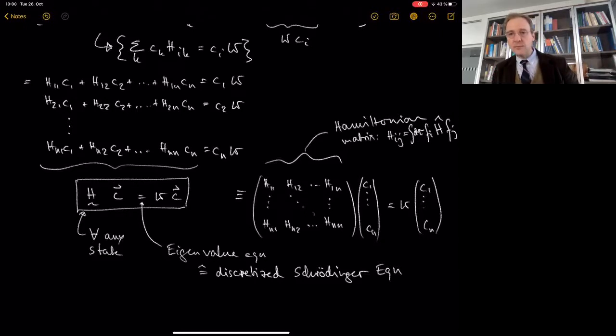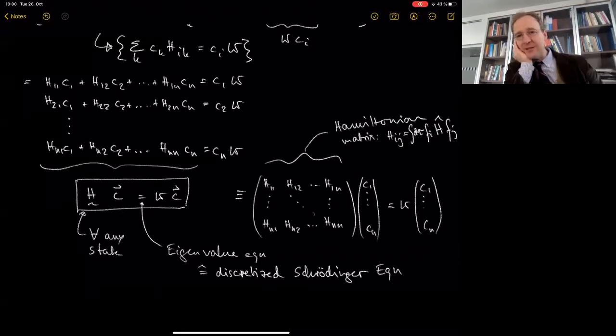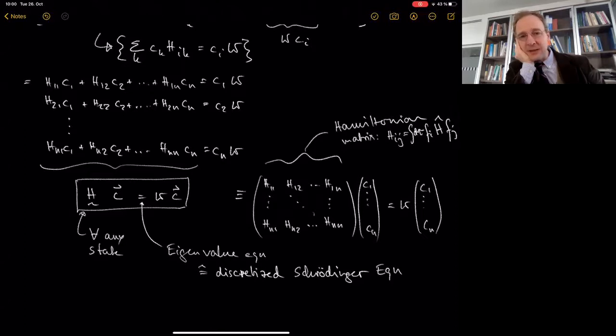Okay. So if these basis functions are the eigenfunctions of the Hamiltonian, which would satisfy this orthonormality condition, then we can simply write it in this discretized version.